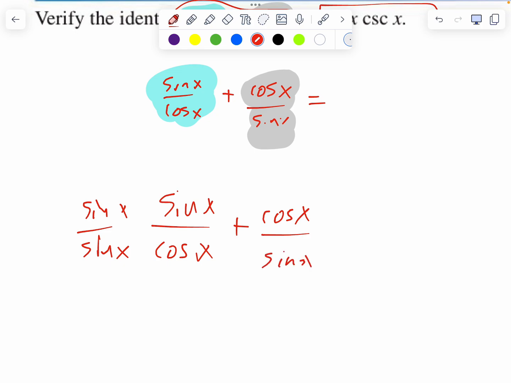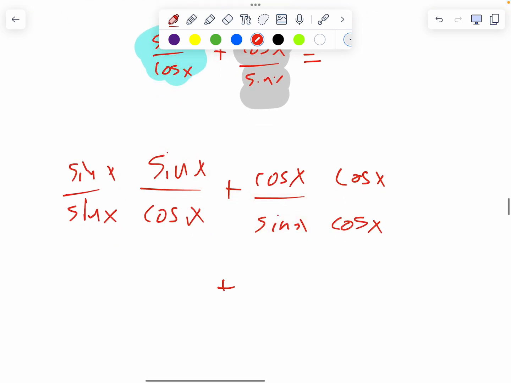I'm going to multiply by cosine x over cosine x. And now I have a common denominator. Both fractions have a common denominator of sine x cosine x. I got a common denominator so that I can add fractions.